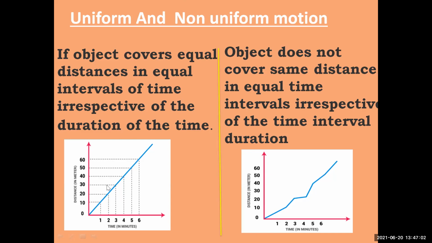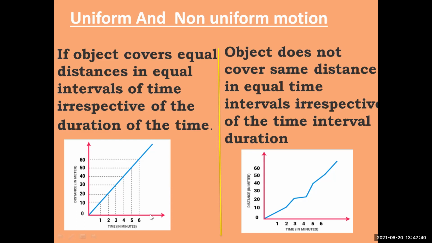This graph talks about the distance traveled by an object in different intervals of time. Time is given in minutes, distance in meters. The object was at the 0 position. After 1 minute, the object has covered 10 meters. After the second minute, 20 meters. For third, 30 meters. After the fourth minute, it's 40 meters.